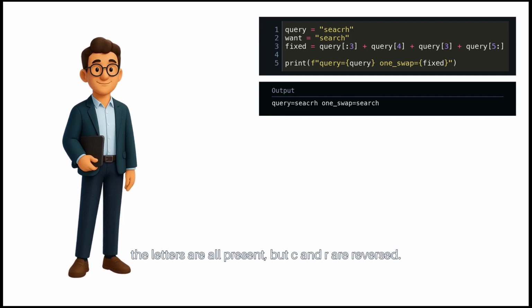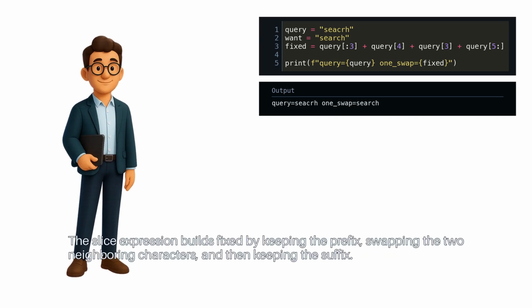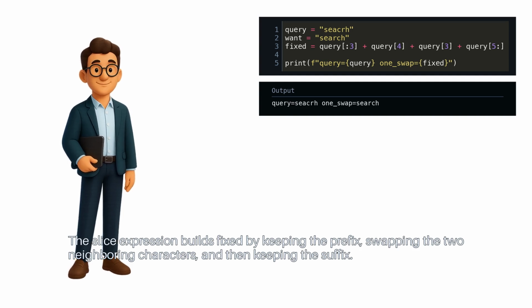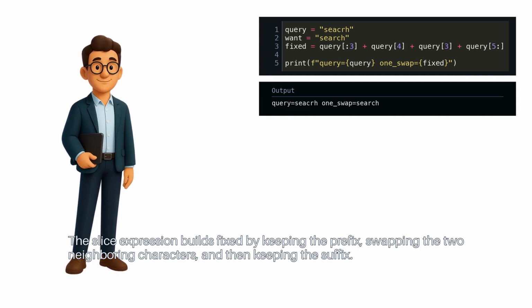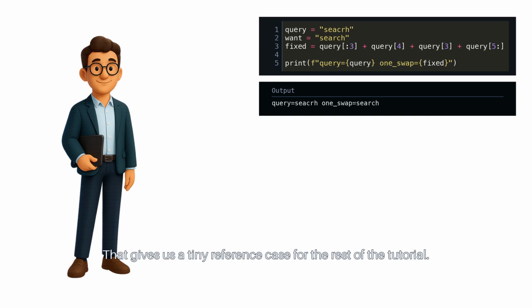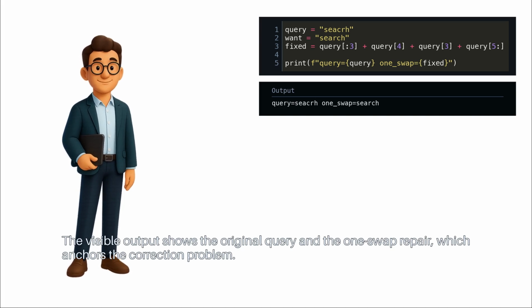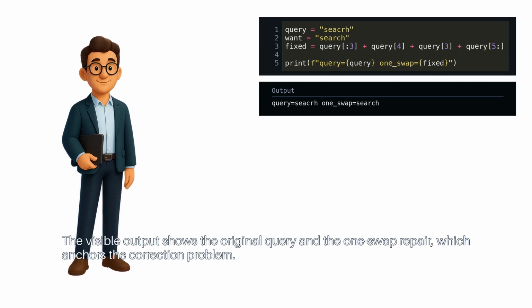The letters are all present, but C and R are reversed. The slice expression builds fixed by keeping the prefix, swapping the two neighboring characters, and then keeping the suffix. That gives us a tiny reference case for the rest of the tutorial. The visible output shows the original query and the one-swap repair, which anchors the correction problem.